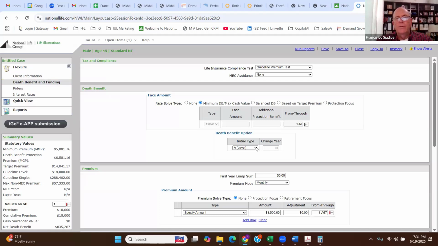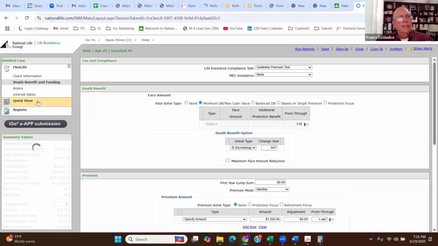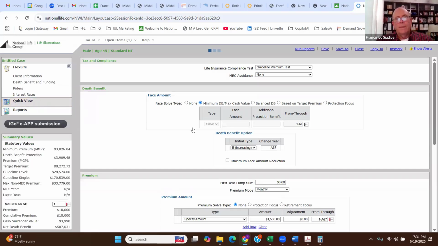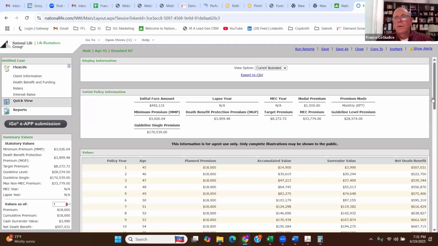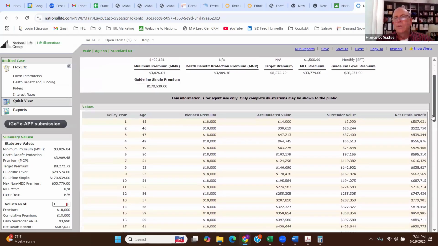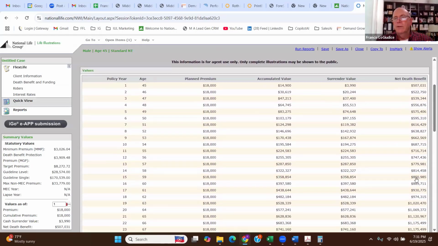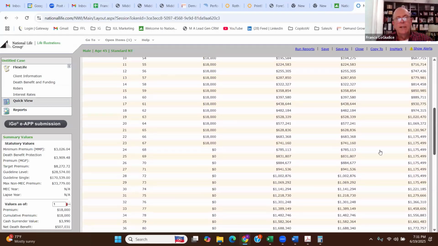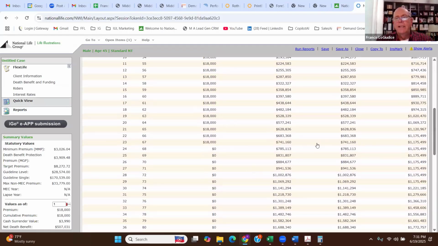Okay. So again, if we go increasing and we go to age 67, okay, then that's going to drop it to 492. It's going to increase every single year because it's increasing until age 67. Then at age 68, instead of 857,000, it's 1.1 million.